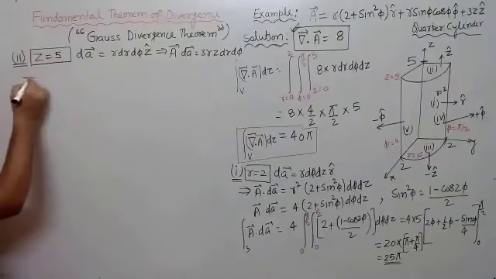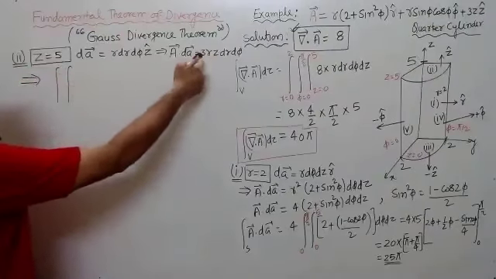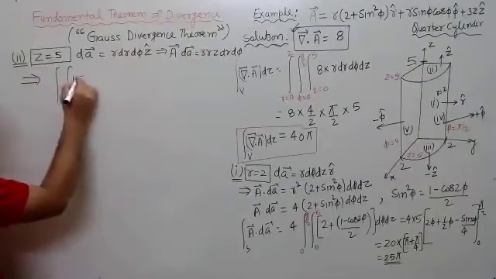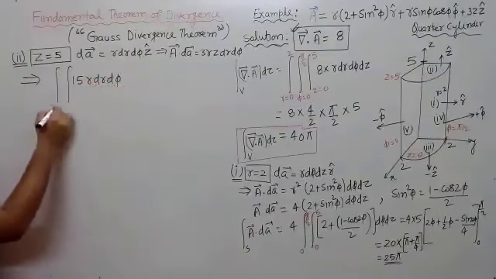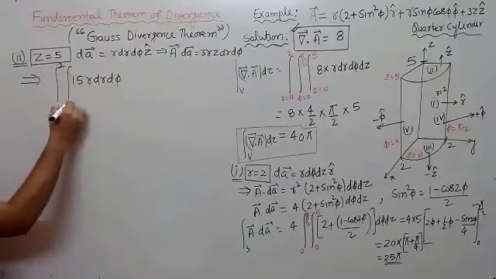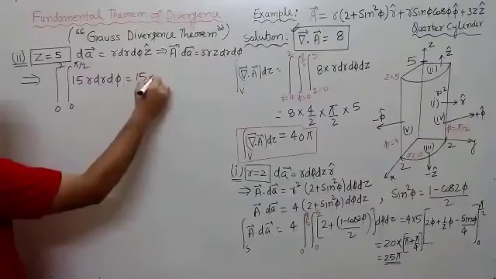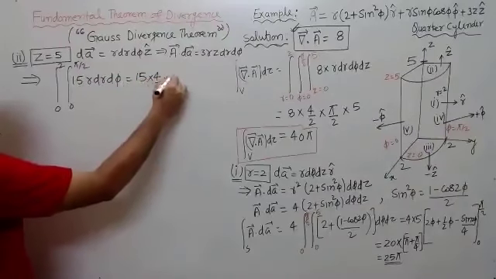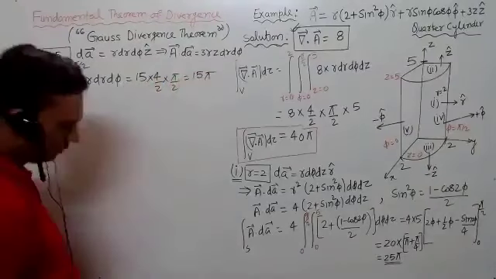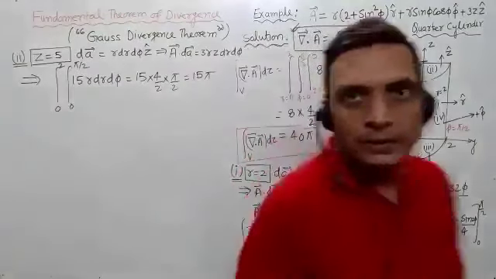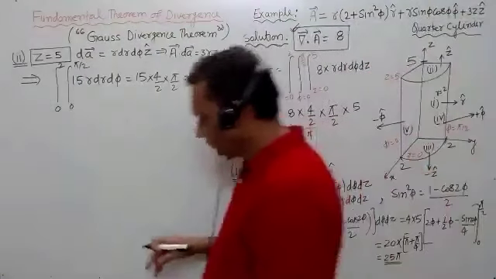Now z is 5. So if you put z equal to 5, this is 15r dr d phi. So r is 0 to 2 and phi is 0 to pi by 2. So this is 15 into 4 by 2 into pi by 2, so that is 15 pi. Is it clear? This will be 15 pi.